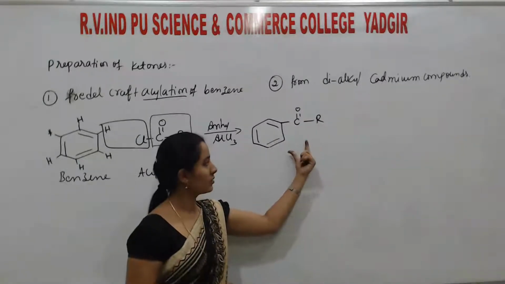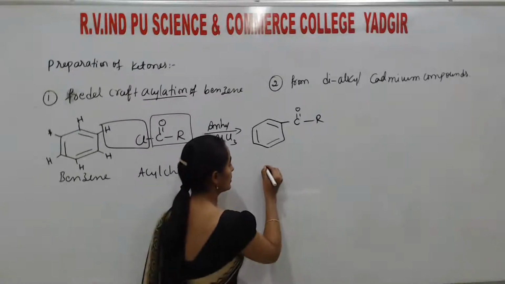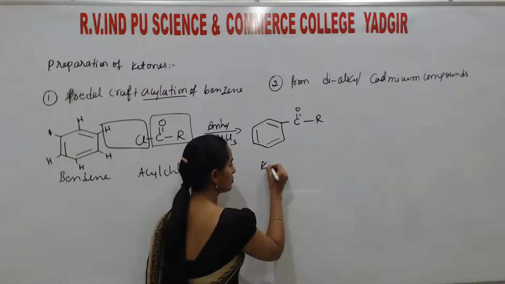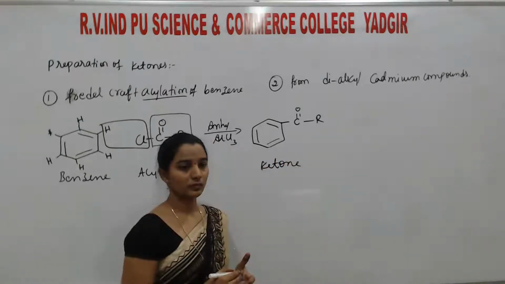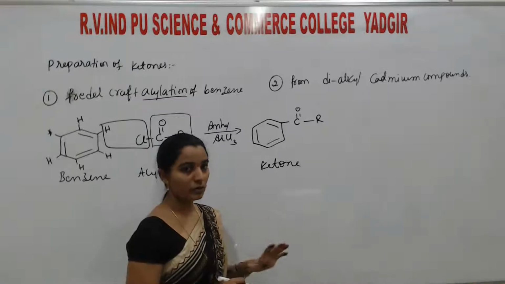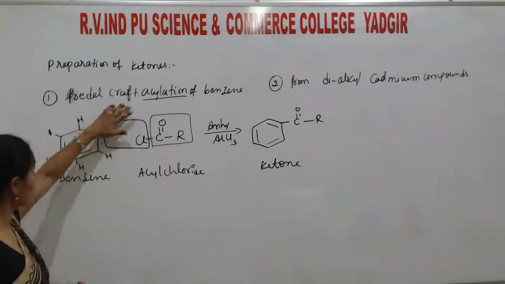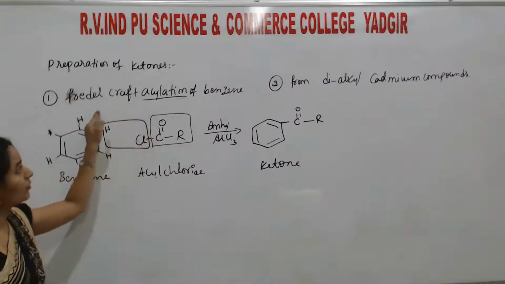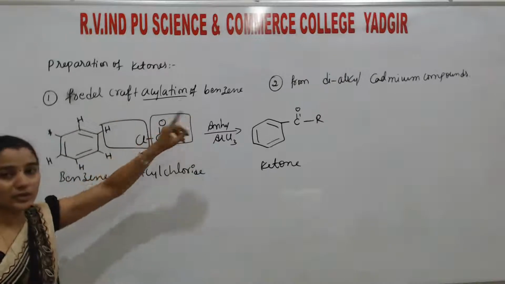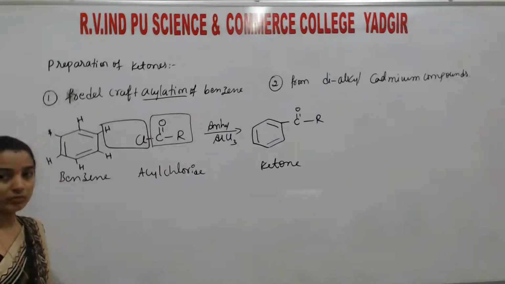Okay? So this is an example of a ketone. Understood? So this is the preparation by acylation using the Friedel-Crafts reagent. Friedel-Crafts acylation of benzene is one type of preparation of ketones. Are you getting?